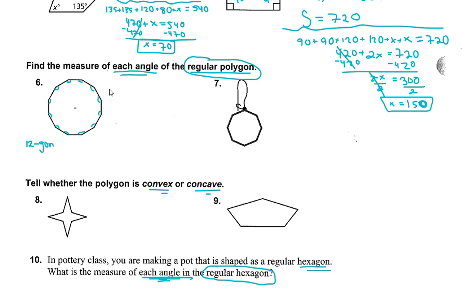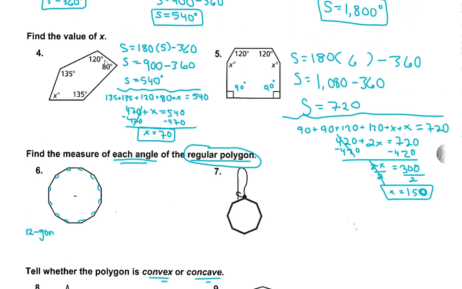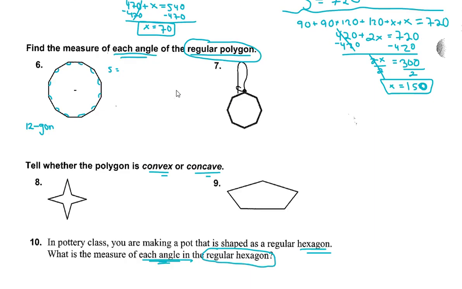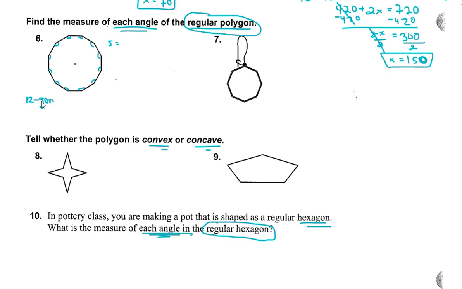So we're going to go through essentially the same process as we did up here, except now we don't know all of the angles, but it's like they're all x. So the first thing I want to do is find the interior angle sum, just like I did on these two questions up here. The interior angle sum of a 12-gon, so I'm going to say 180 times 12 minus 360.